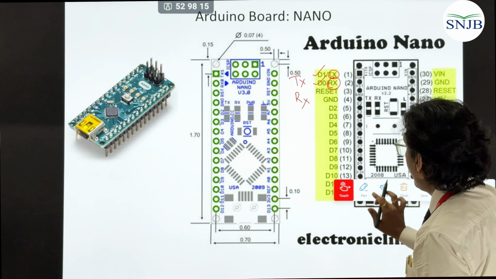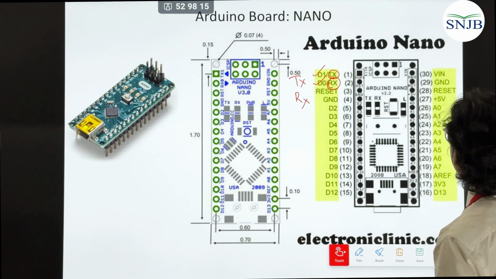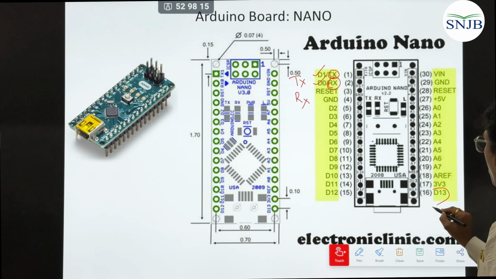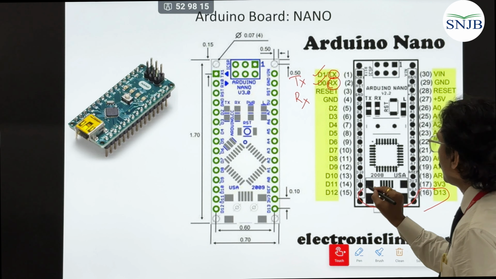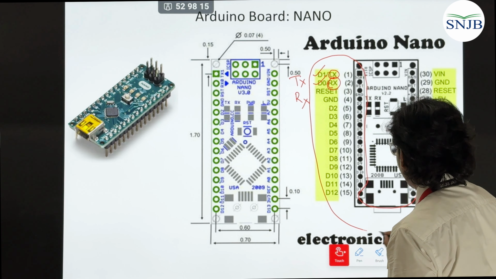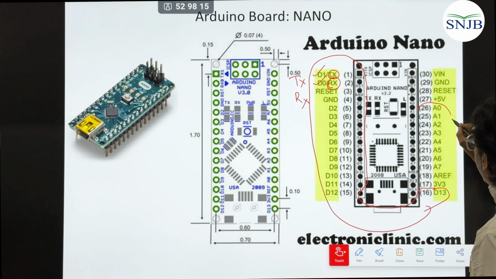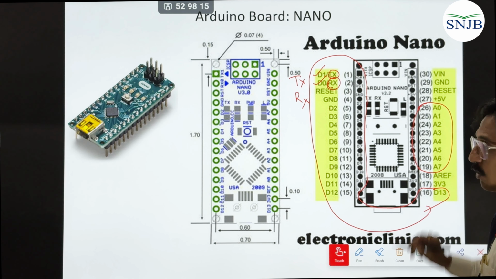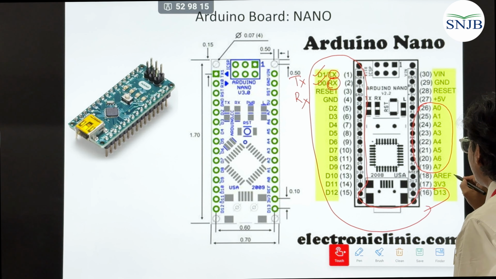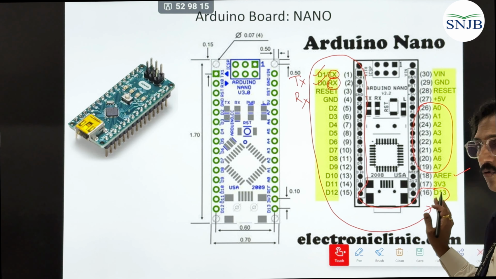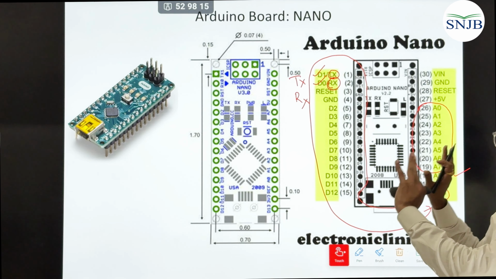D2 to D12 and D13 is over here. So these are the digital pins. As per analog pins are concerned, these are the analog pins A0 to A7. 8 analog pins are there. And this is the analog reference of 5 volts. So this is the Arduino Nano.